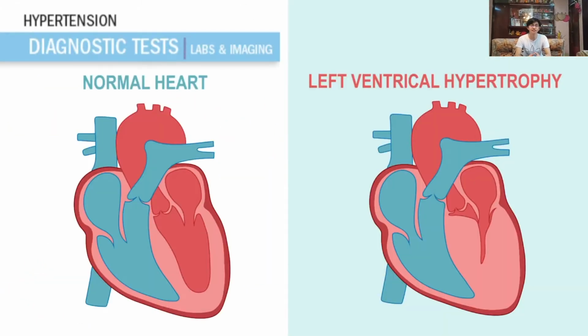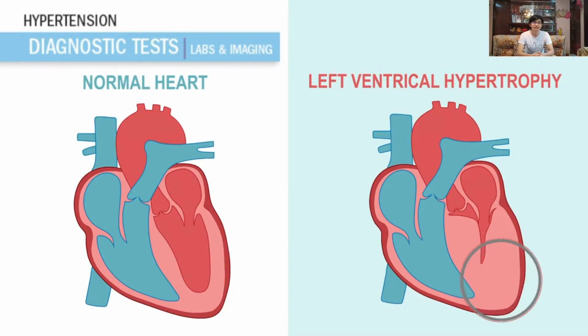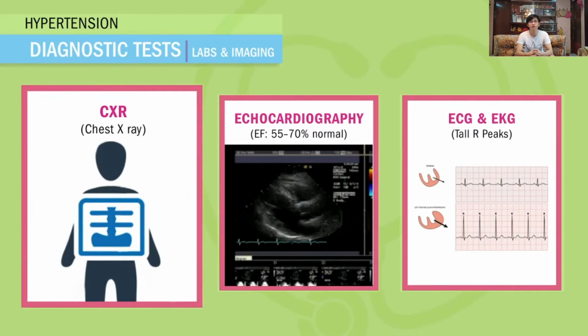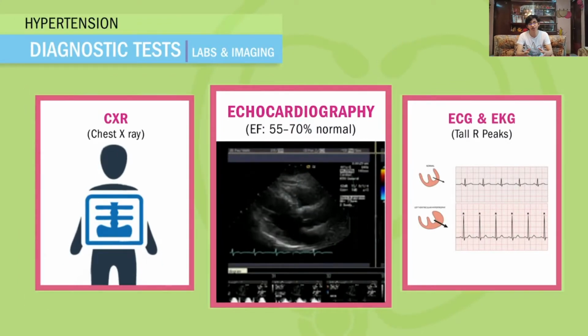In imaging studies, hypertrophic left ventricles is highly significant and is commonly found. Just remember, big size trophy size heart. Chest X-ray is used to view the size of the heart. Echocardiogram is also used to view the size of the heart and measure the amount of blood pumped out of the heart.